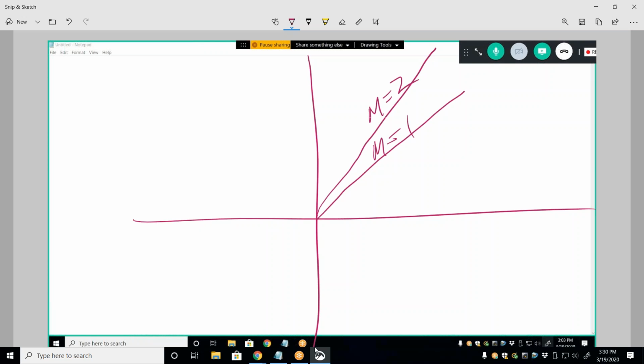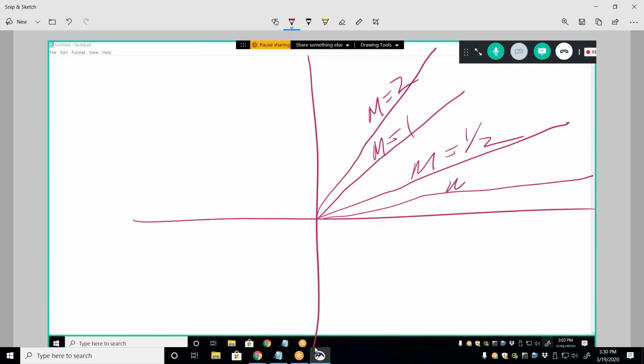Whereas a slope of 1/2 is flatter. You with me? Yes. So if a slope is steeper than 1, it's a positive steepness. And if I go all the way down here, I get a slope of 1/4. And you can see that by the time we get to horizontal, my slope is 0.